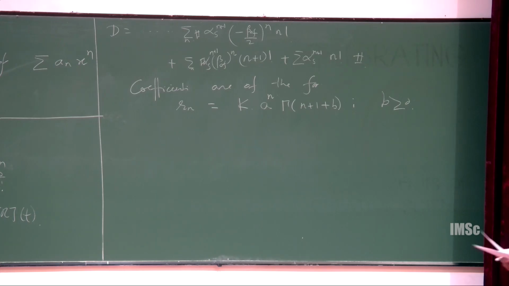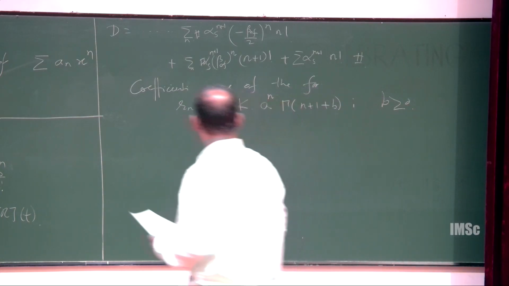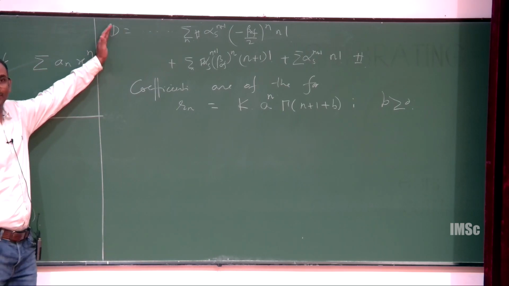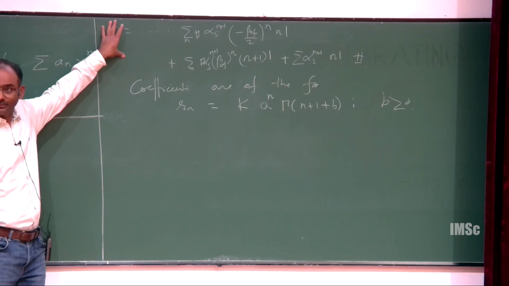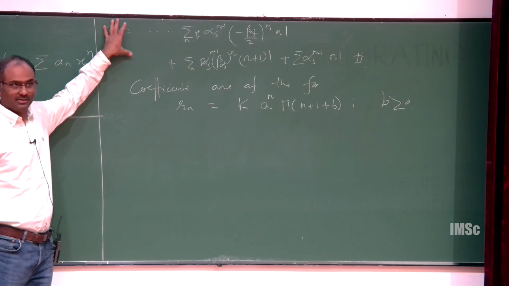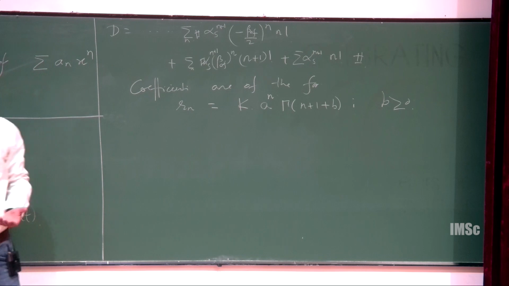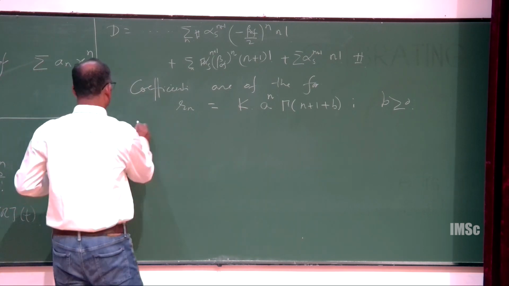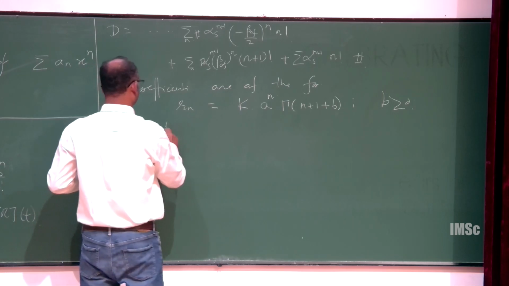So our goal is to see if I can provide a Borel sum to this D function, so that I have summed up the entire divergent series. That's what I want to do. So step 1 would be to do a Borel transform.